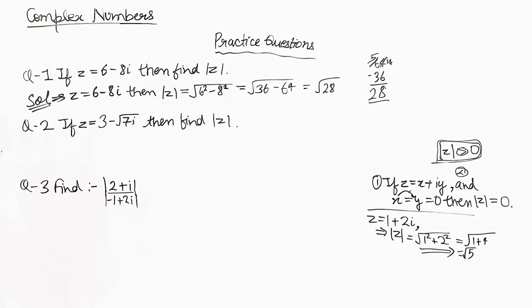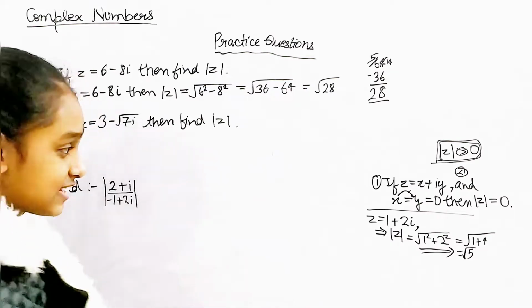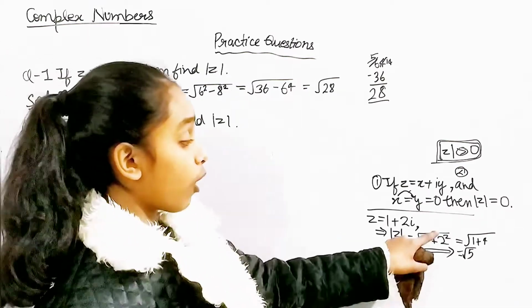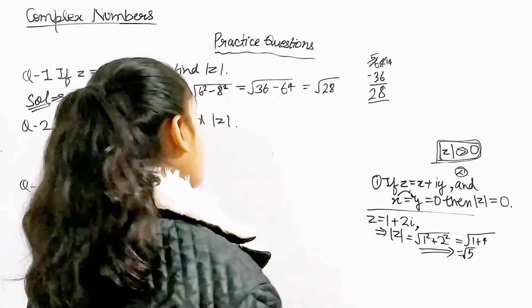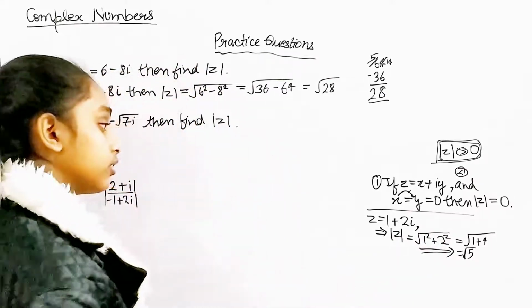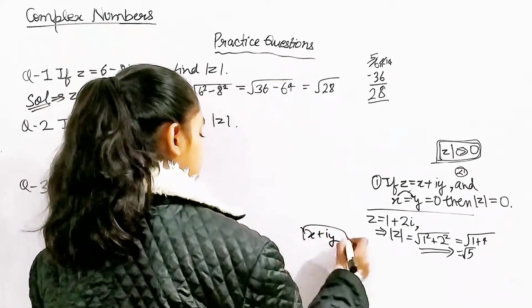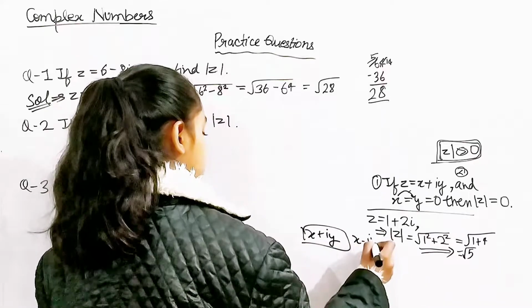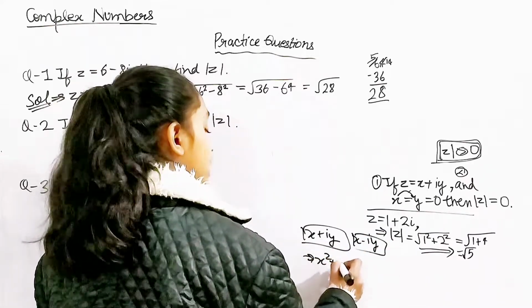One thing we always know is that we're always going to use this plus sign. Like I told you, x plus iota y and x minus iota y will give us x squared plus y squared.